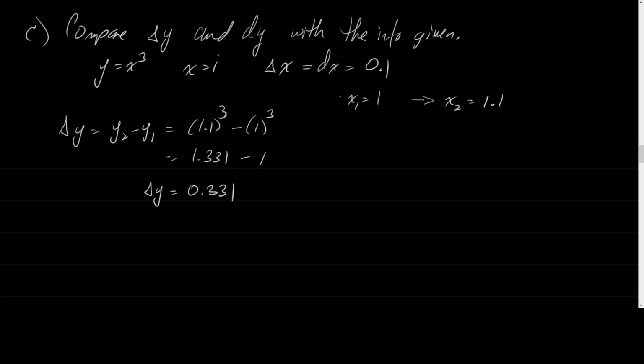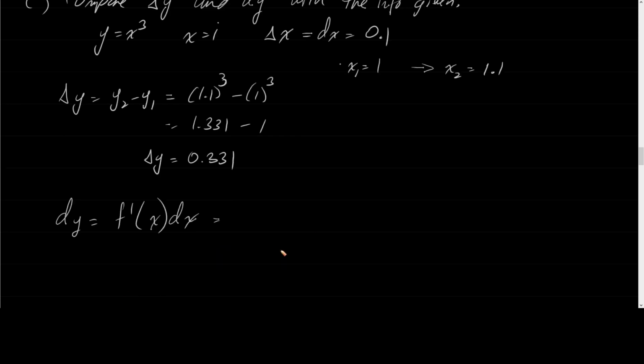But now let's look at the differential. The differential here, we know, is f prime of x dx. Let's figure out what f prime of x is. Here f prime of x is 3x squared, so we get 3x squared dx.